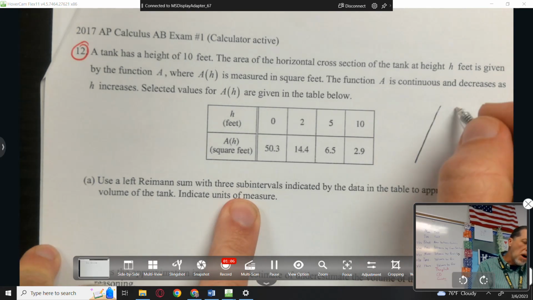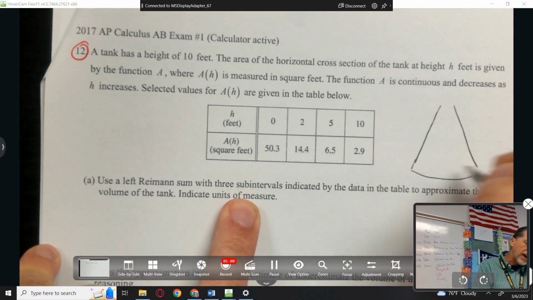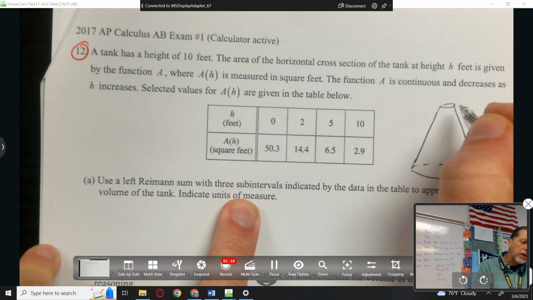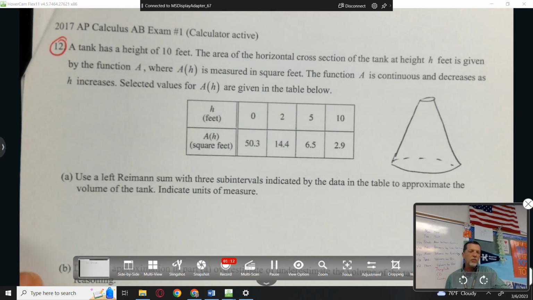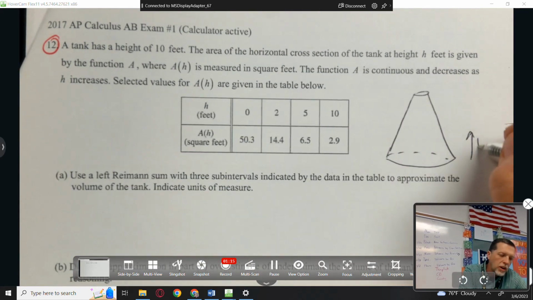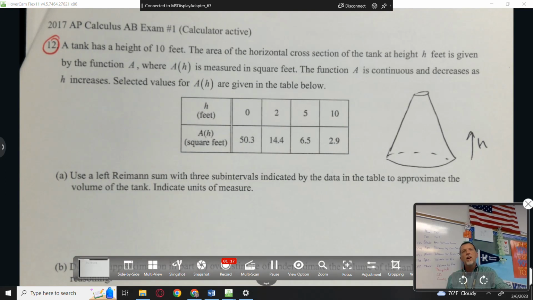So I have no idea what this shape looks like, so it's not a circle, but I'm just trying to draw something where the cross-sections are getting smaller as we increase our height. Volcano, yeah. So who knows?